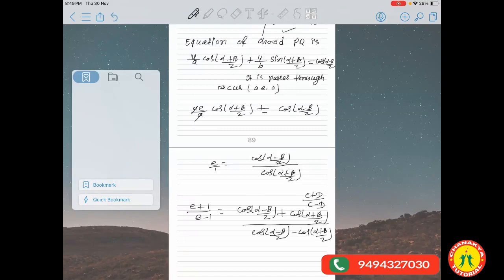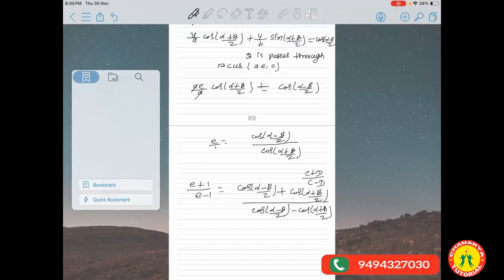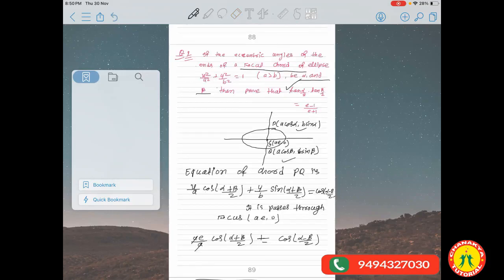I think you know, in the 11th class basic mathematics, this topic is taught first. If C by D is given, you can write componendo as C plus D upon C minus D. So apply this, and now e minus 1.